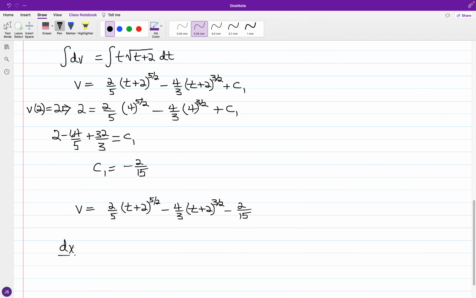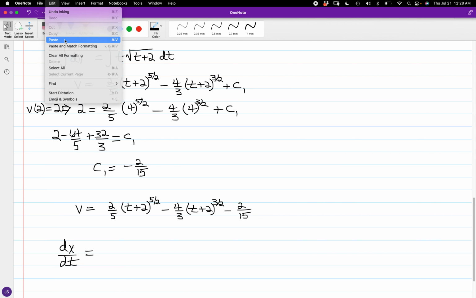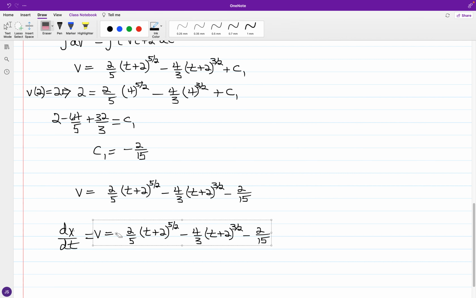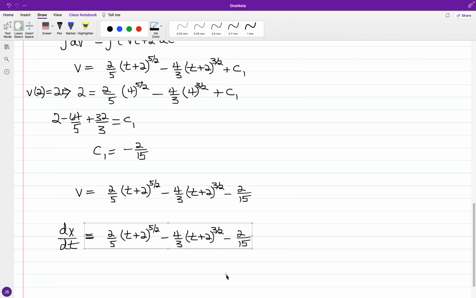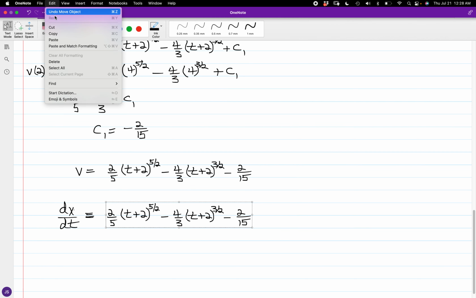And so, looking at what we have for distance, again, the change in distance with respect to change in time is the velocity. I'll just go ahead and put down what we have defined for velocity in terms of t. So in the setup, you have dx over dt is equal to this expression, and once again, we can isolate the differentials.